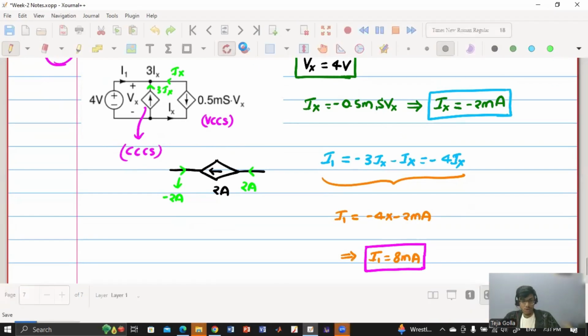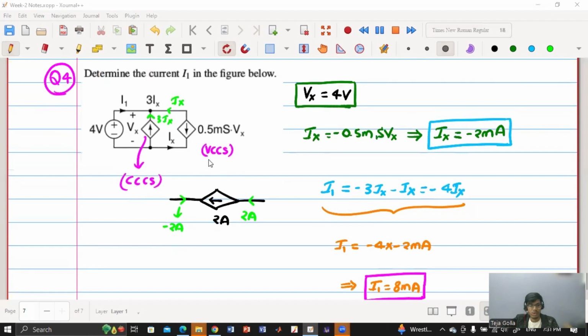Sir, I have one doubt, sir. Yes. Here we know directly I1 is going in parallel, so we'll take minus 3Ix and minus Ix, right, sir? Yes. In that 3Ix node, can you please take the KCL, sir? Because both the current sources are in opposite directions, so I am not able to find an alternate way. Can you please repeat it again? I could not understand. In that 3Ix there is a node, sir.